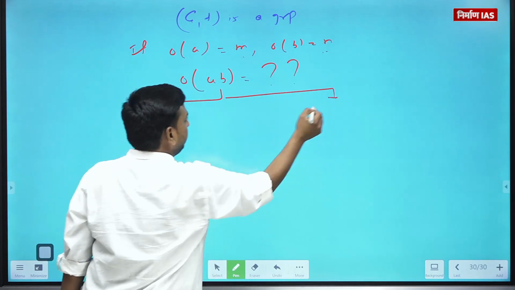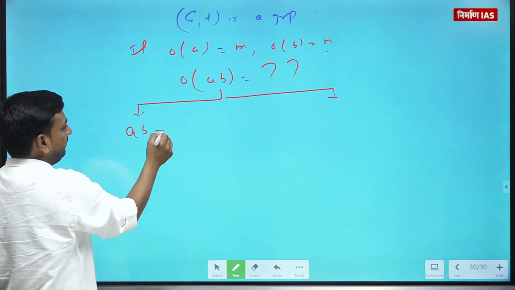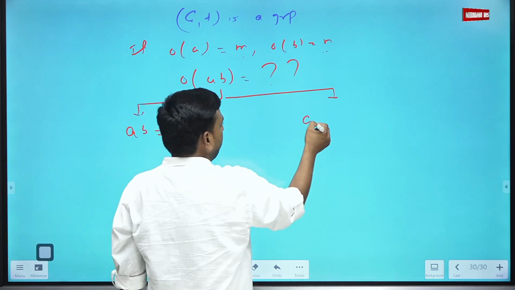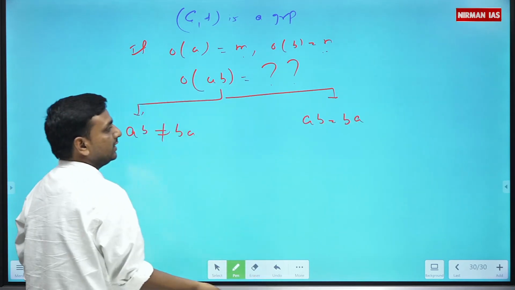We may have different categories: when ab is not equal to ba, and when ab equals ba.